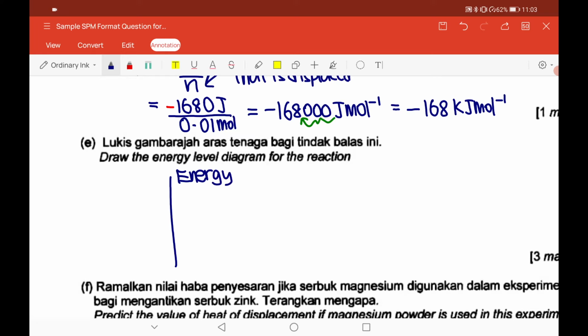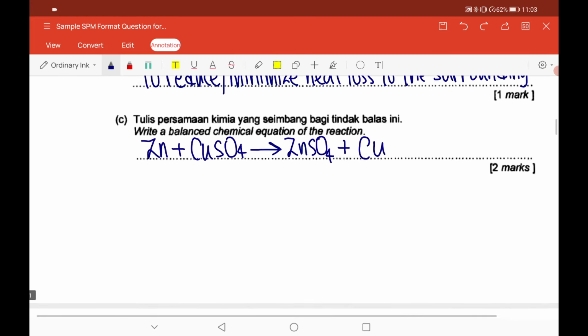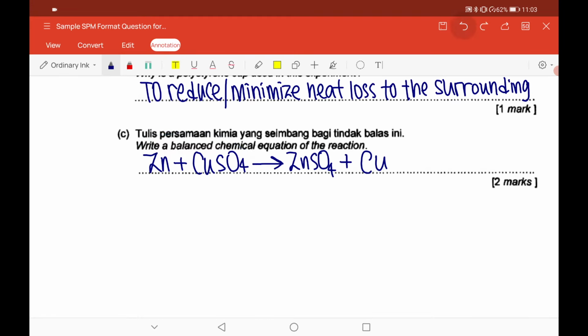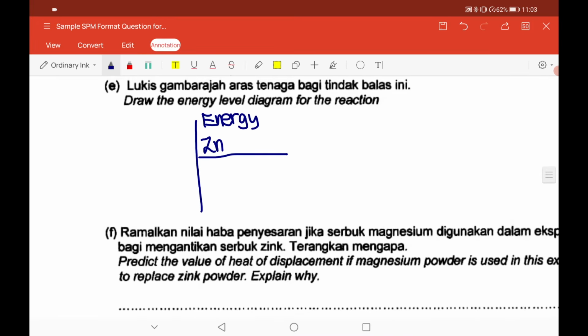Then draw the first staircase. On the first staircase, you must put the reactants. What are the reactants? Look at the chemical equation that we have. We copy it: zinc plus copper sulfate.